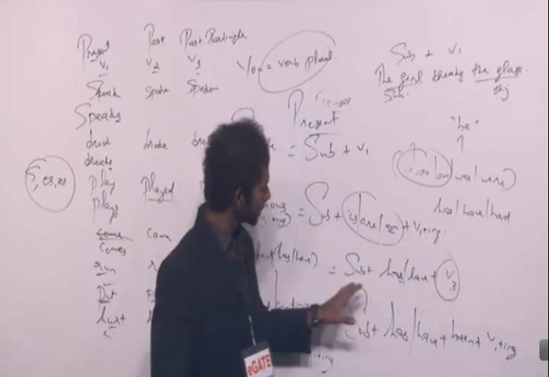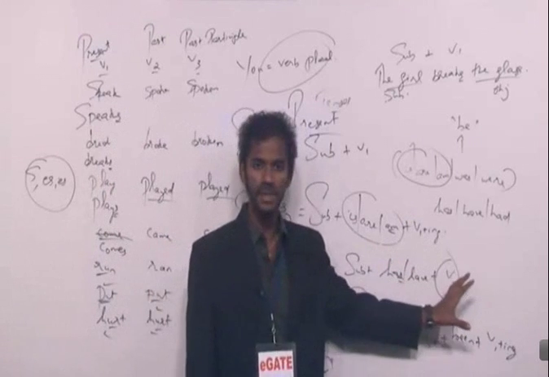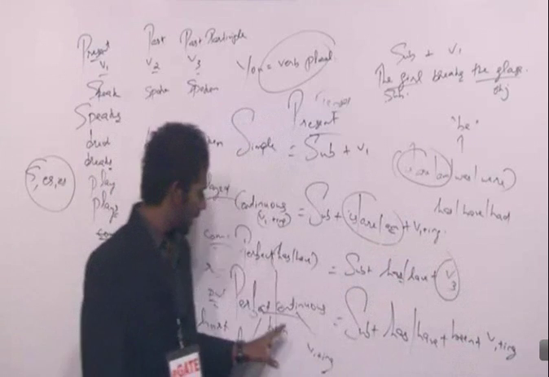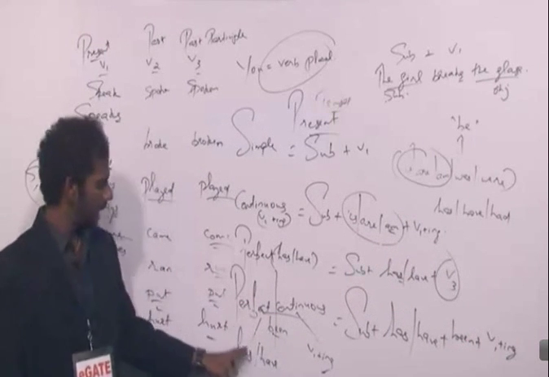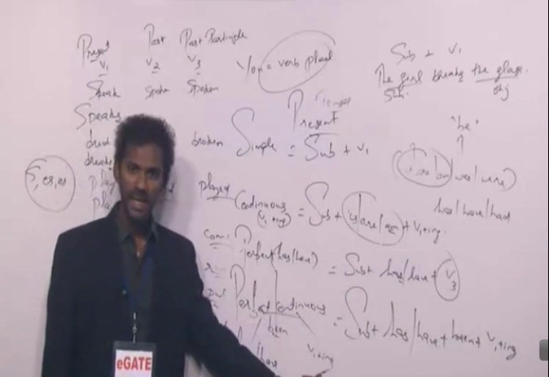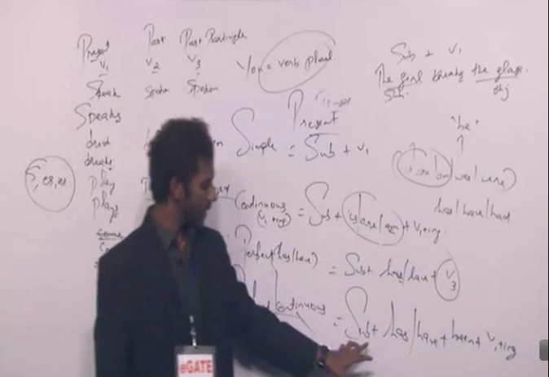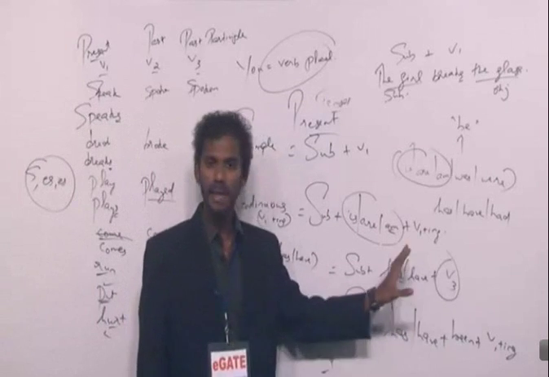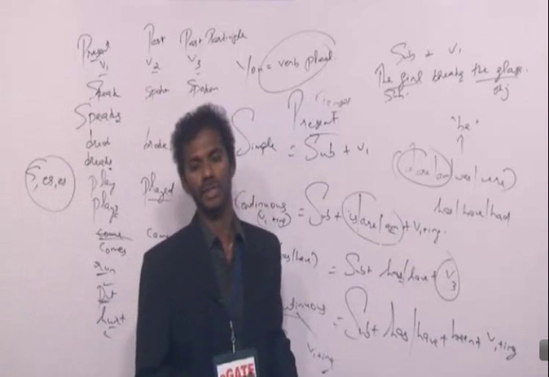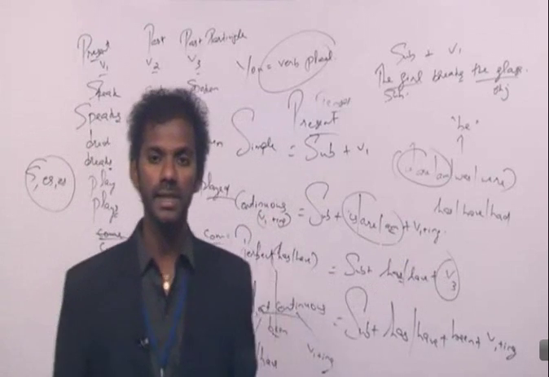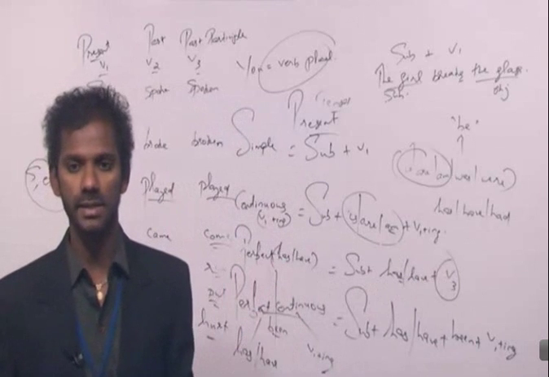So the structure becomes subject plus has or have plus V3. In present perfect continuous, has or have must come, V1 plus ing must come, and in between, been must come. So the rule is subject plus has or have plus been plus V1 plus ing.